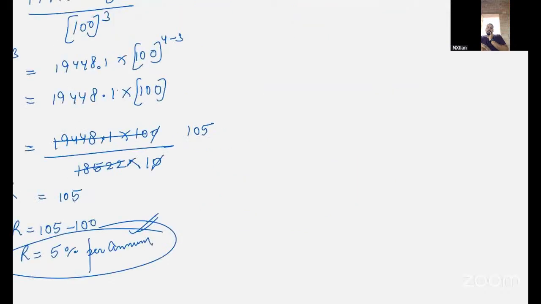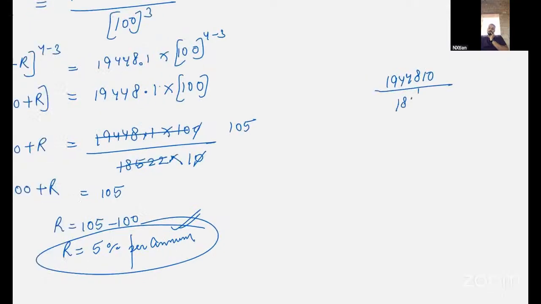We have the number 1944810 upon 18522. So we can cut with the table of 2 first, then we can cut it like 3, 7, 9. Then we have to do it step by step to get the answer.